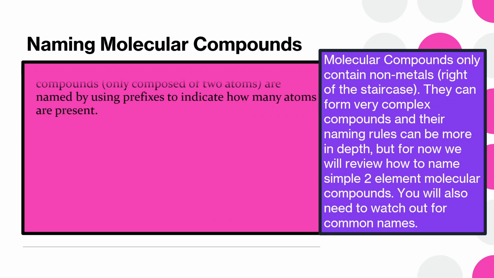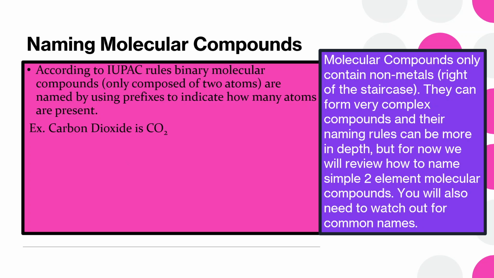So binary molecular compounds, those that are composed of only 2 atoms, are named according to prefixes that tell us how many of each of the atoms we have. For example, you've come across these before. Carbon dioxide is CO2. The di here is a prefix.